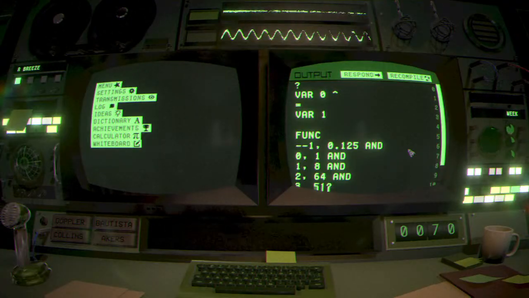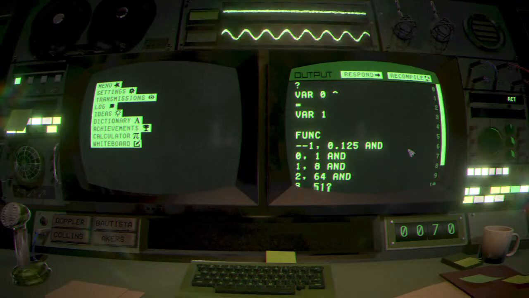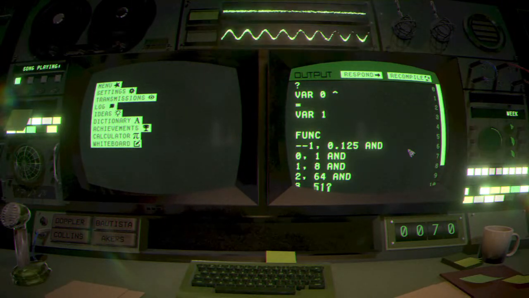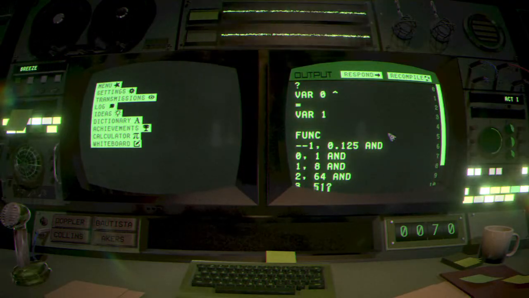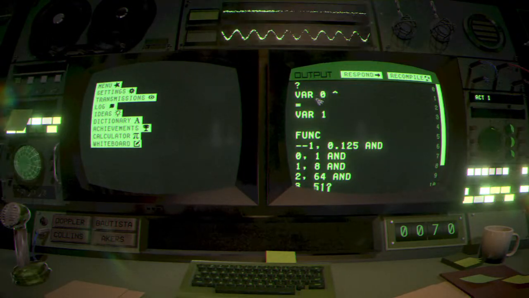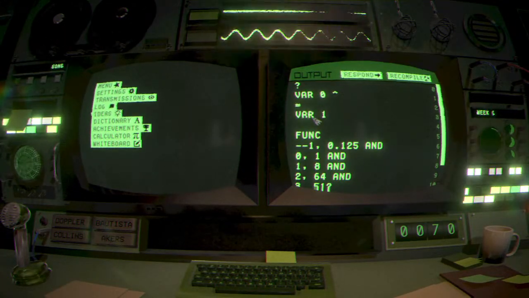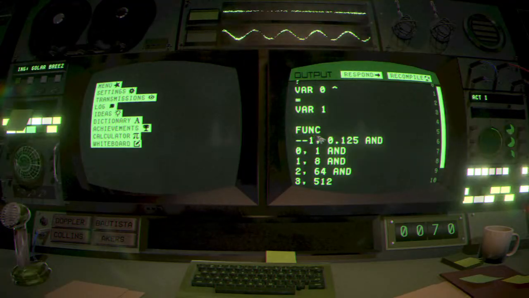So we take some number and we do it to the power of our input to get variable 1. Minus 1 is... Okay, so some number to the power of minus 1 is too hard for me to grasp.